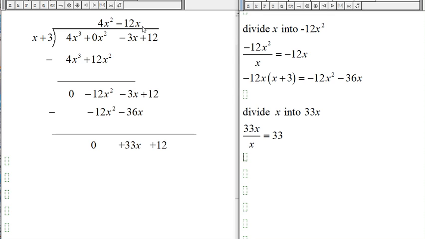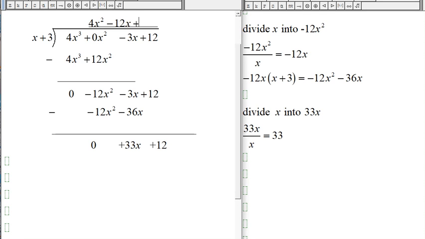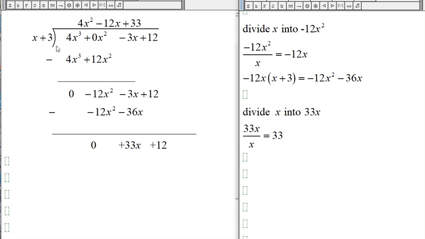And then we place the 33 up here, so plus 33. And then we need to do 33 times x plus 3, and then subtract the result from this. So we have 33 times x plus 3, and this is 33x plus 99.